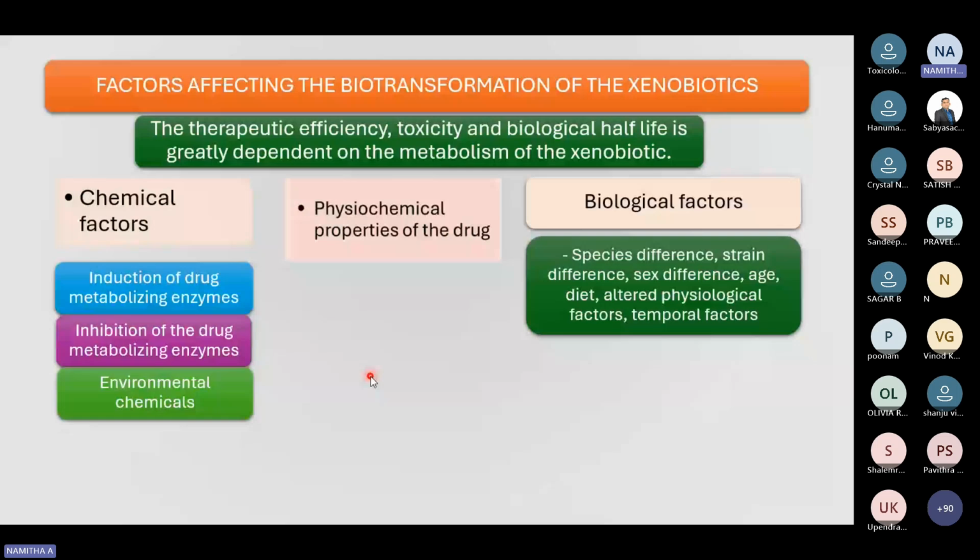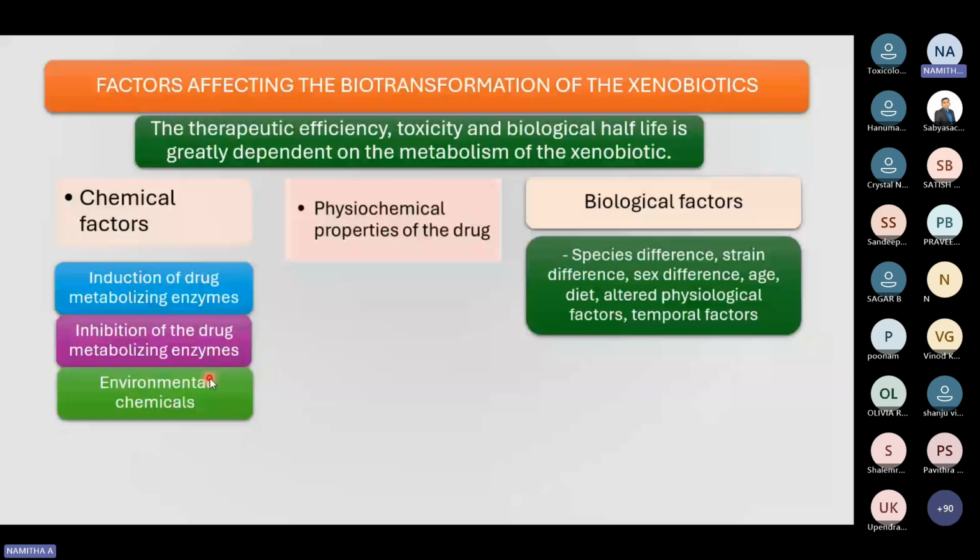So the therapeutic efficacy, toxicity, and biological half-life are greatly dependent on the metabolism of the xenobiotics. These factors are chemical factors, physicochemical properties of the drug, and biological factors. Physicochemical properties include the properties of the drug and how the drug interacts with the receptor, and biological factors are the external factors like species, strain, and so on.